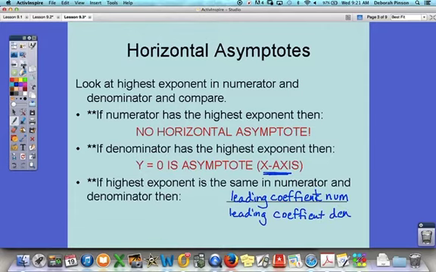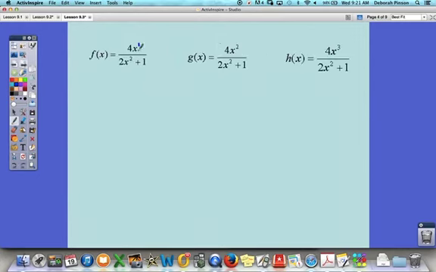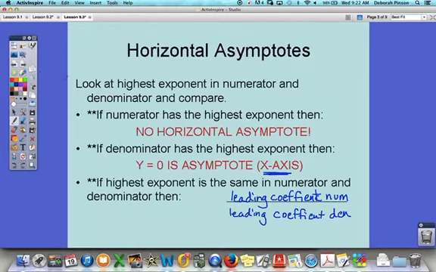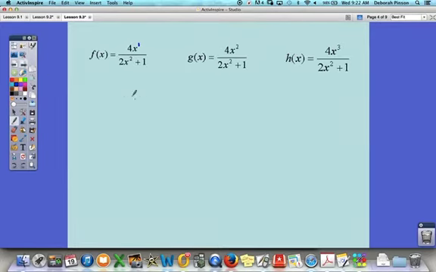Okay, so let me show you what I mean here. If you're looking at this one right here, your denominator is bigger. So if my denominator is bigger, I would use this right here. So my asymptote is y equals 0 or the x-axis.